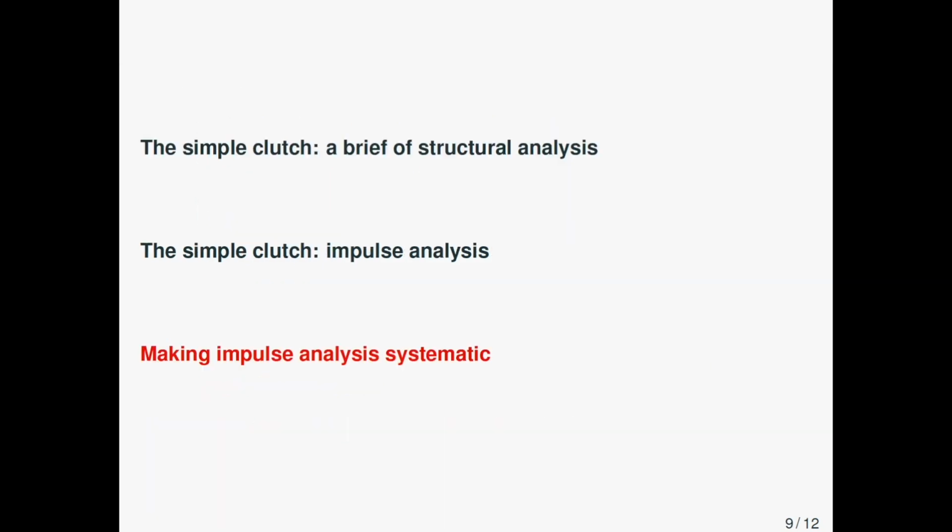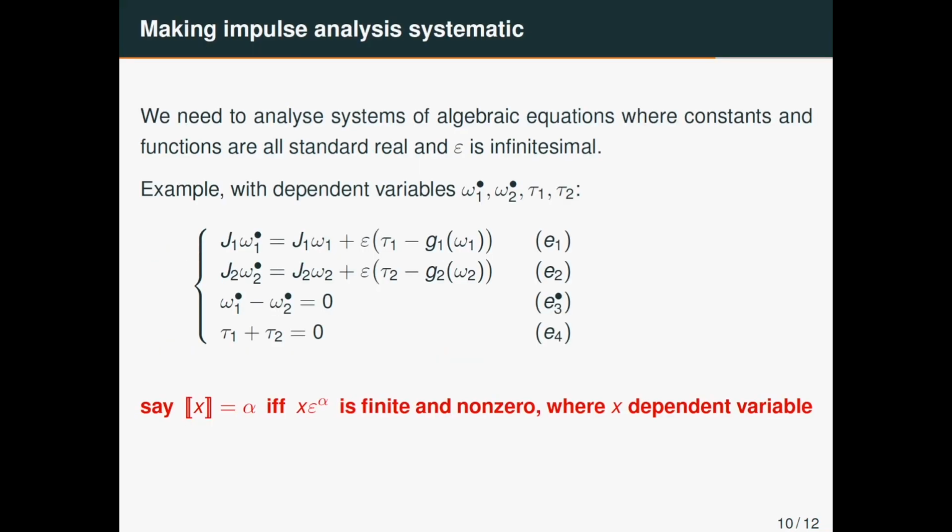The question is how to make all of this systematic. In the next slides, we will show that computerized rules can mechanize the impulse analysis. All of this reasoning uses discrete time Euler scheme for DAE with infinitesimal time step. We need to analyze systems of algebraic equations where constants and functions are all standard, real, and epsilon is the only source of infinitesimal.